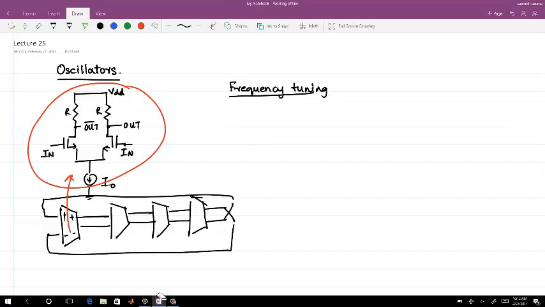The frequency of oscillation is inversely proportional to R on times C, and the resistor which we are using to change the frequency is a MOS resistance, with a control voltage V control connected to VDD, and this is one of the output nodes.